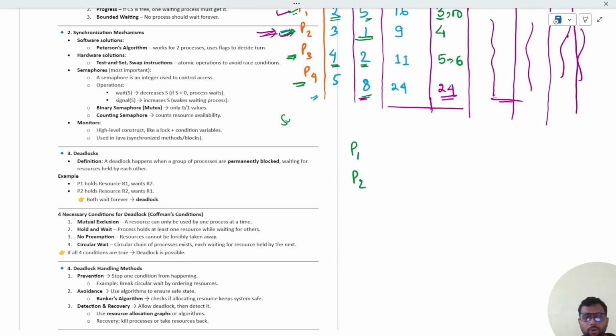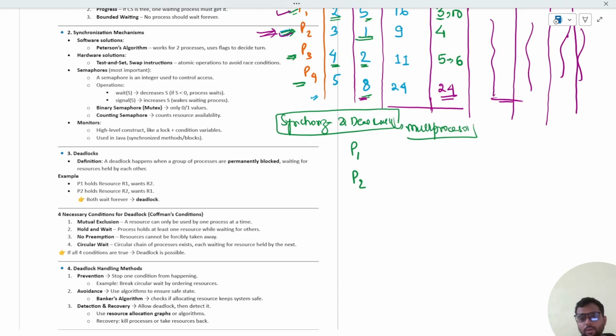And whenever we talk about synchronization and deadlock, this situation will arise when, obviously, there is a multiprocessor system, meaning a processor is capable of processing both P1 and P2 simultaneously.